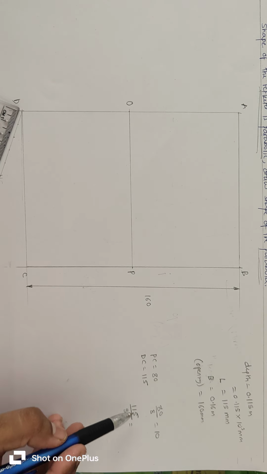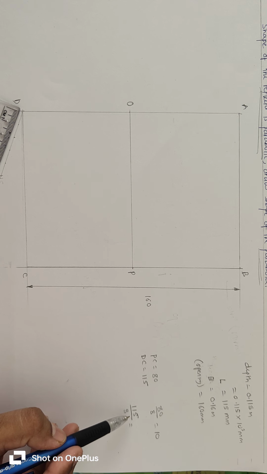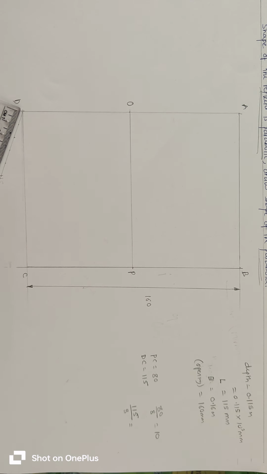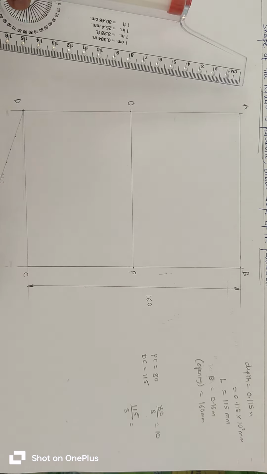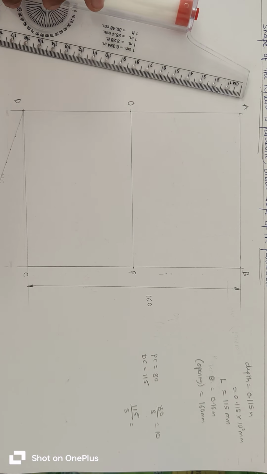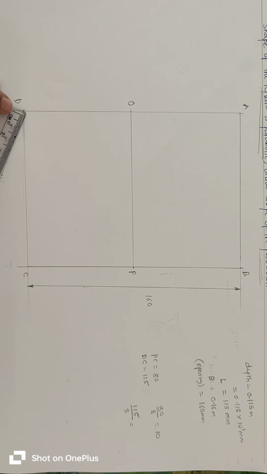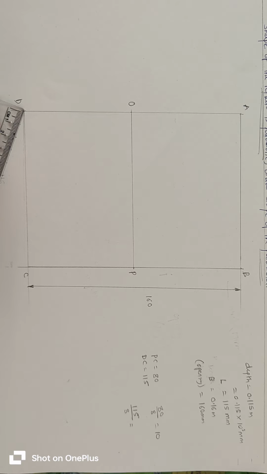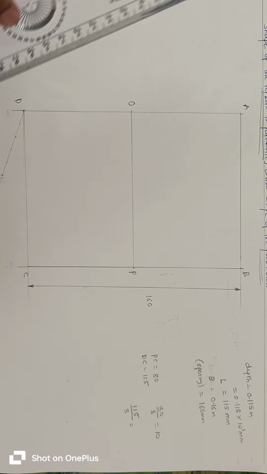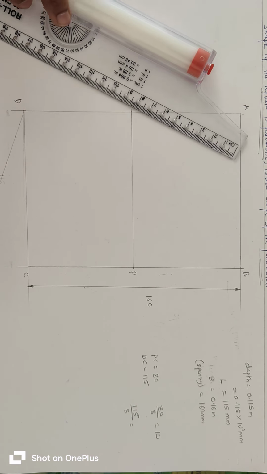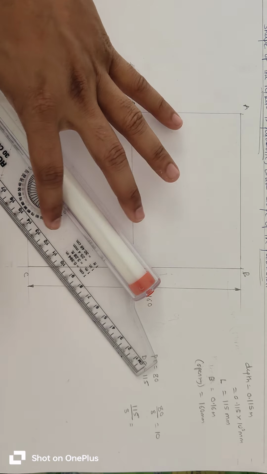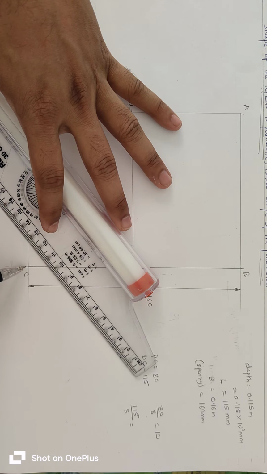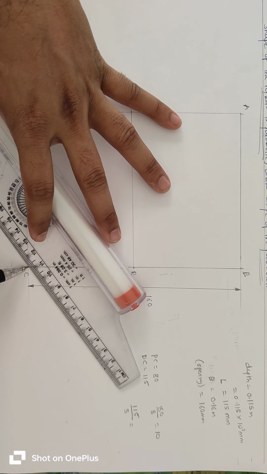To divide the length of 115 mm into 8 equal parts, we will draw an 8 centimeter line inclined at any angle from this point. Then this is the 8 point, right? These points are marked with the help of a scale. Then this is the last point. Now draw a line from this point to the last point.